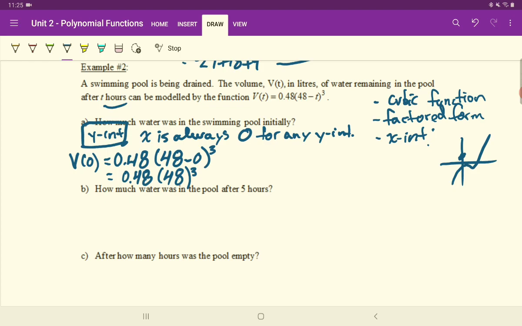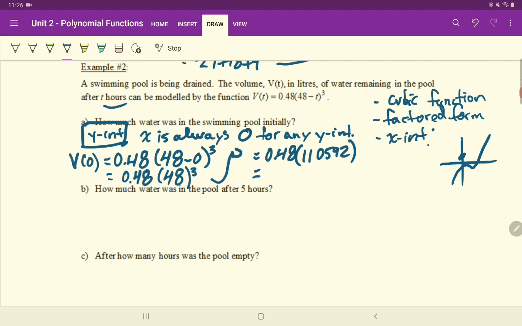Now, obviously, do your exponents next. So do 48 cubed. Keep your 0.48 in the front, and it ends up being 110592. That's 48 cubed, and then multiply it by 0.48.